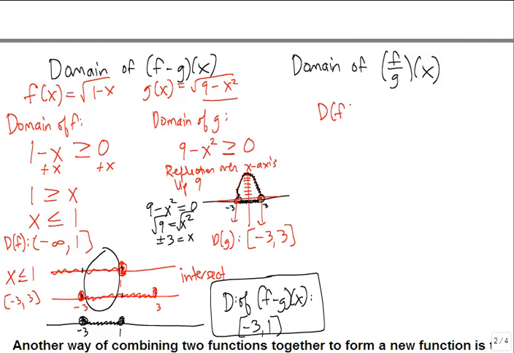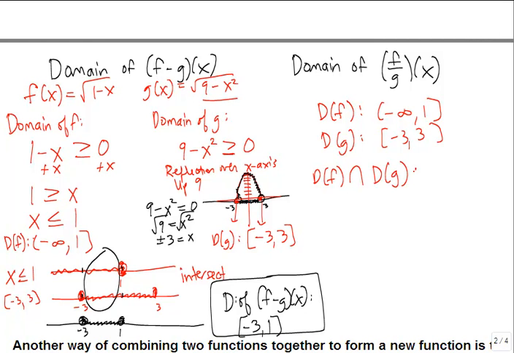So we know that the domain of f was -∞ to 1, and the domain of g was -3 to 3, and the intersection of these two sets, and remember this upside down U shape means intersection, is the answer that we got for this last example. So that was from -3 up to 1.